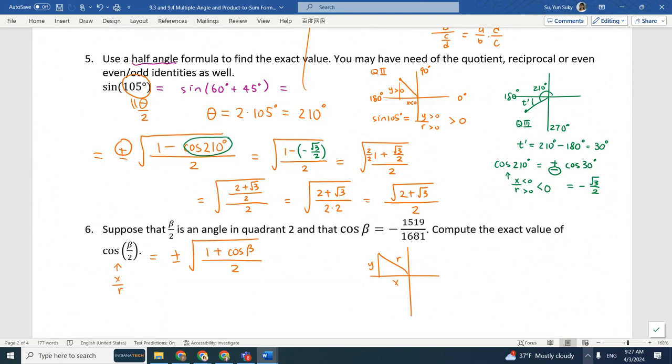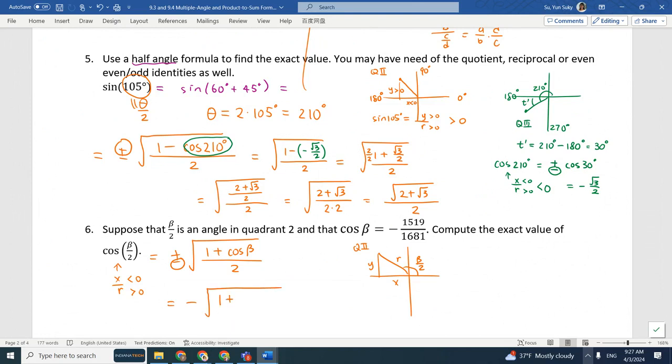This is beta over 2 in quadrant 2. X over r. Your x is positive or negative? Negative. Your r is positive or negative? Positive. So the whole thing is negative. That's why we pick the negative. Okay, everybody?